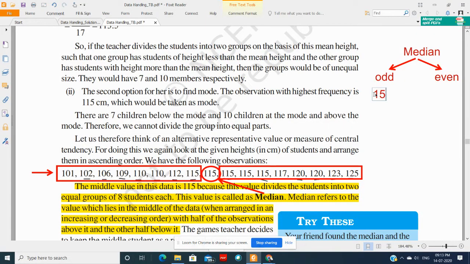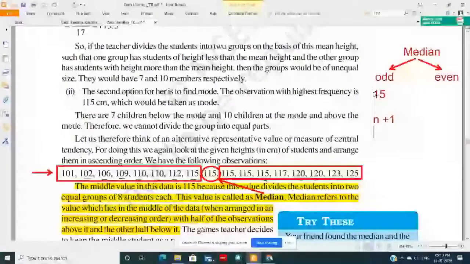That's difficult, because if you divide 15 by 2 to make equal halves, you will get 7.5, and the 7.5th value is not something you can find. So what you do is n plus 1, where n means the number of observations, divided by 2.